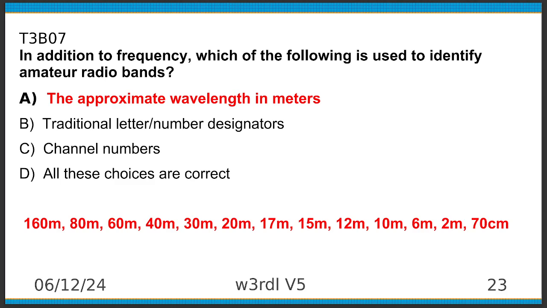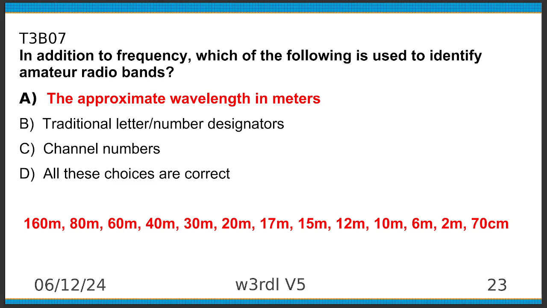I think there are 2 medium frequency or low frequency bands down below that, but they really don't get much use because the antennas take up a lot of space. But anyway, the most common bands are from 80 up on that list right there. 160, like I say, doesn't get used a lot because your antenna has to be 80 meters long.